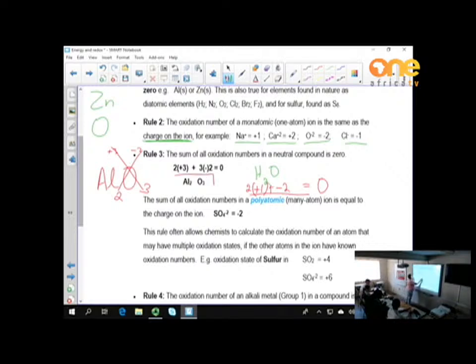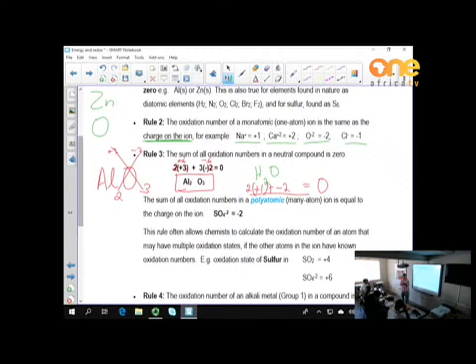In this compound of aluminium oxide, aluminium has an oxidation state of +3. There are 2 of them, so that is +6. The oxygen is -2, and I have 3 of them, so it's -6. And +6 and -6 gives me 0. So that is what I mean. If I have a compound, the total of the oxidation states is 0.